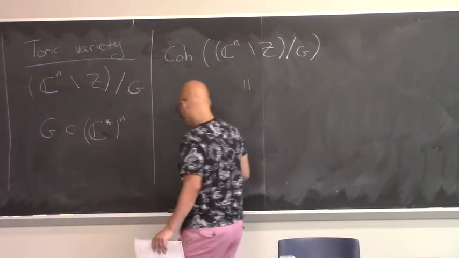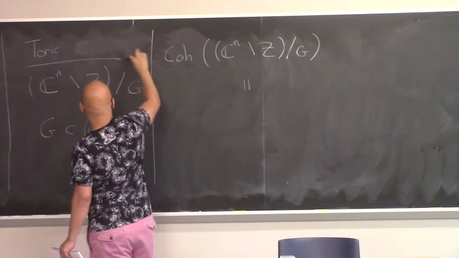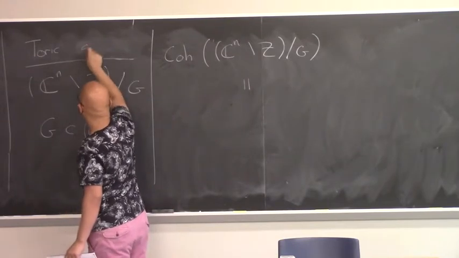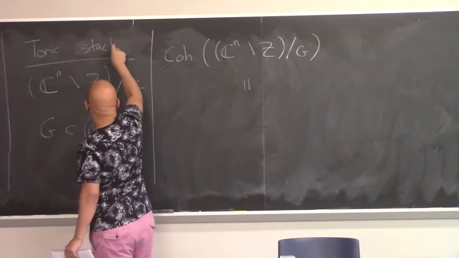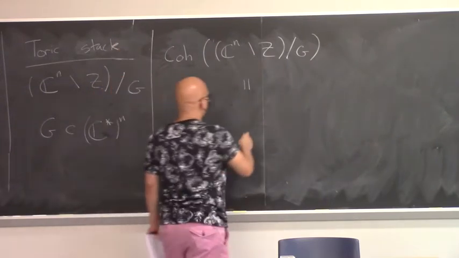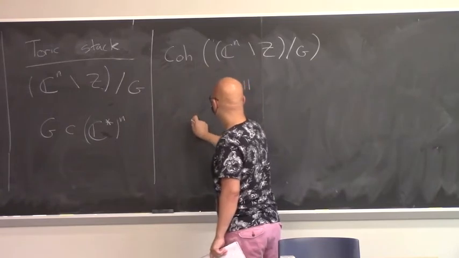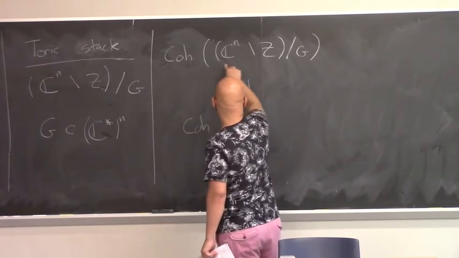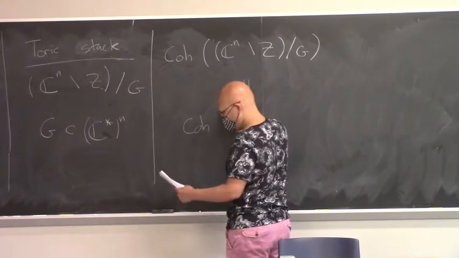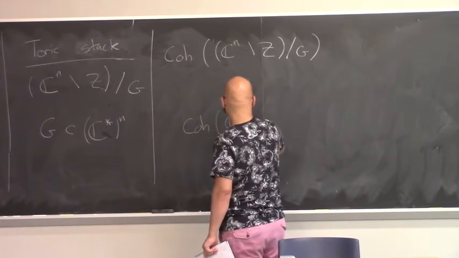So if I want to calculate the category of coherent sheaves on this quotient, each of these operations has a categorical translation. I take the category of coherent sheaves on C^n.